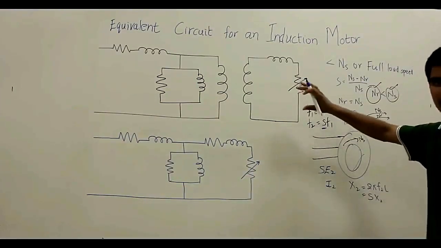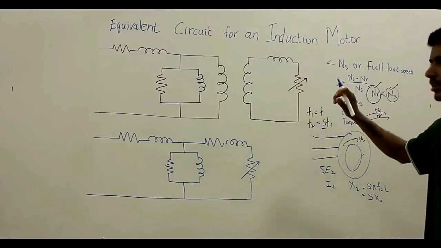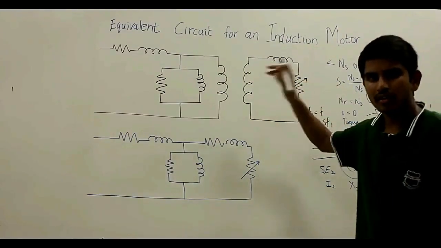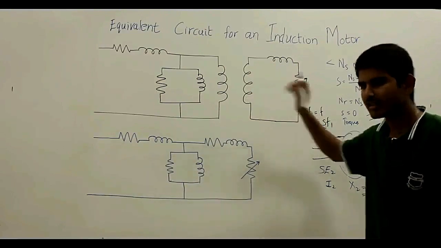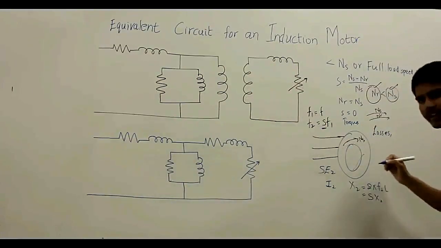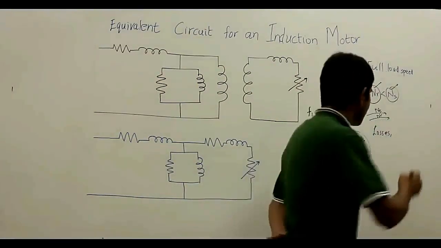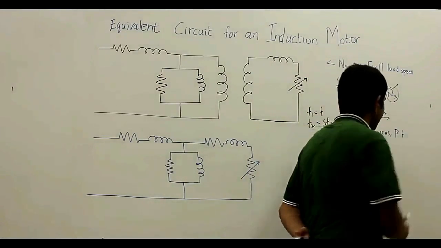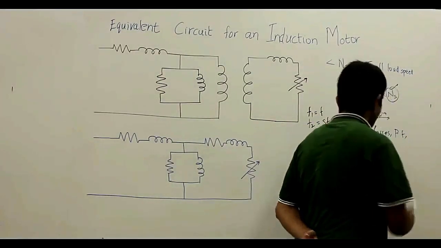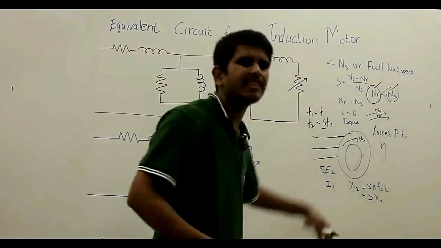It can be shown by the equivalent circuit through the impedances. So we shall discuss that. You can show the various parameters like losses, the power factor, the efficiency, etc.